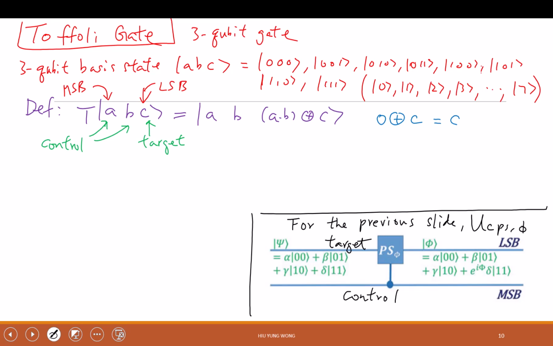If C is 1, 0 exclusive or 1 equals 1. How about 1 exclusive or something? If C is 0, 1 exclusive or 0 is equal to 1. And if C is 1, 1 exclusive or 1 is 0. So like what he said, it equals NOT C. If you're not familiar with this, this is the NOT symbol.